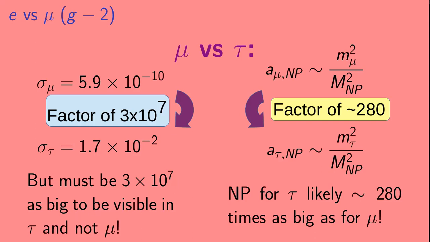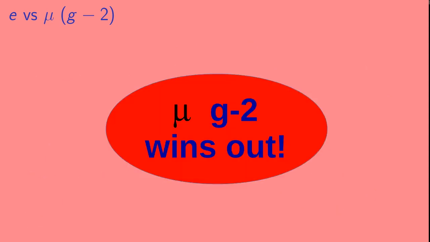However, unfortunately, due to the lack of precision in the measurement of g-2 of the tau, the new physics effects in g-2 of the tau would have to be 30 million times as large as the new physics effects in g-2 of the muon in order for them to be visible in g-2 of the tau and not visible in g-2 of the muon. And so g-2 of the muon wins again.